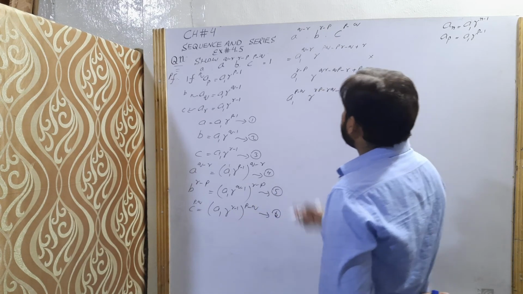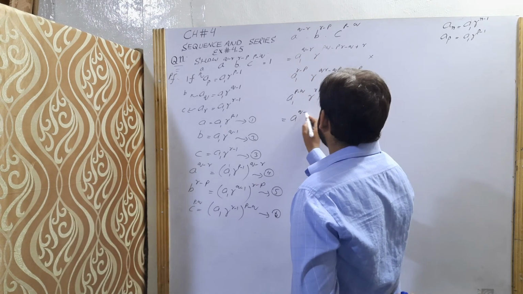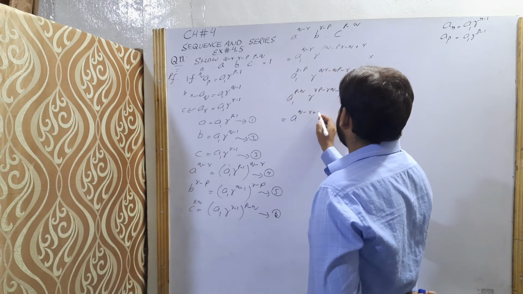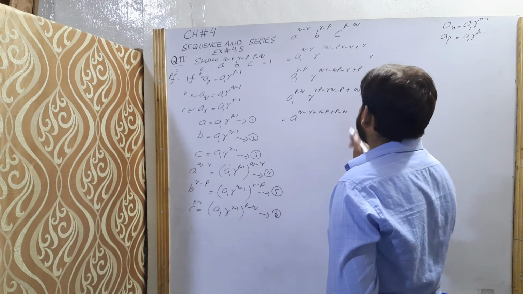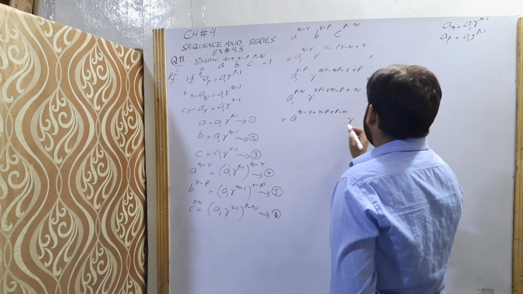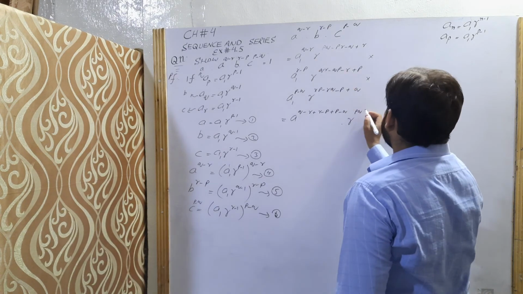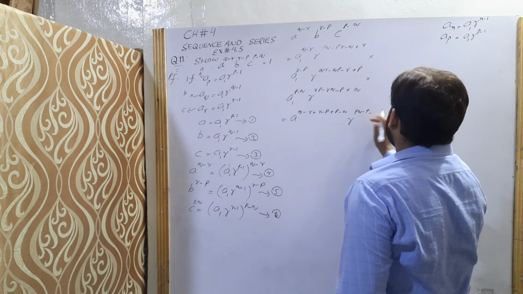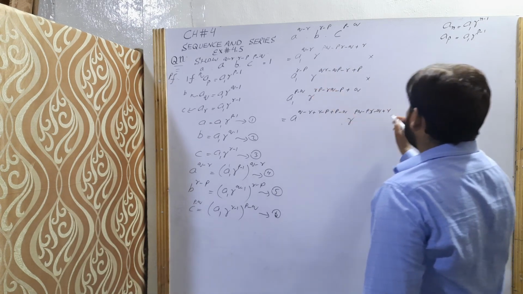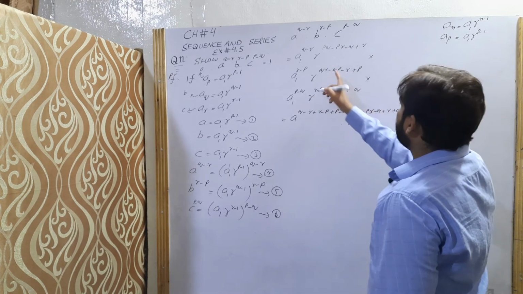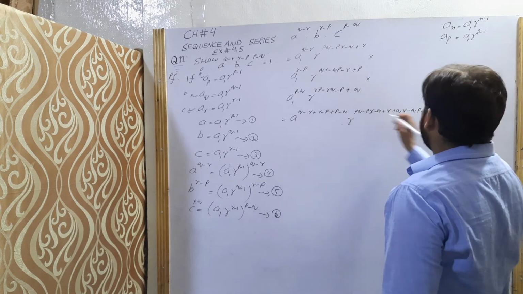So in this case bases are same, powers must be added. This is a raised to power q minus r plus r minus p plus p minus q, into r there is pq and minus pr and minus q plus r plus qr minus qp minus r plus p.